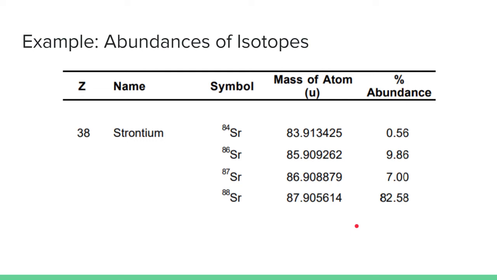Just like when you calculate your grade is mostly skewed towards your test score because tests are just worth more than your homework. The atomic mass of an element is a weighted average of the abundances of each isotope multiplied by their atomic masses.